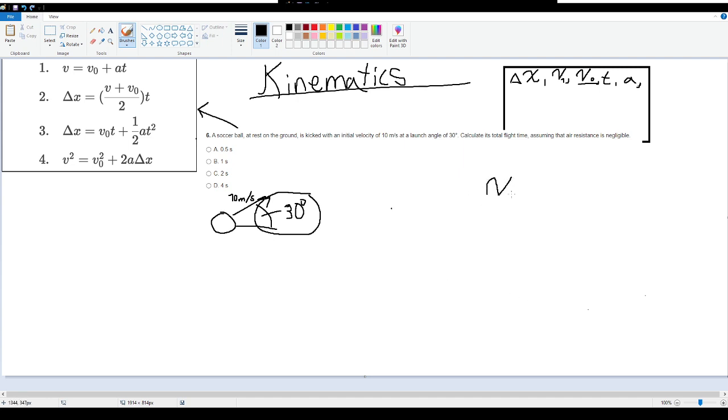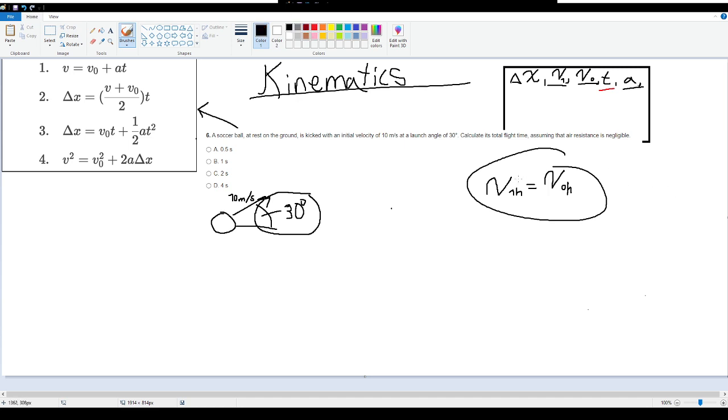So we have V1 vertical equals negative V0 vertical. And this is the trick that will help you solve this question. Because now we have V1, we have V0, we have a, and we're solving for t. And there is a formula that contains all of those.